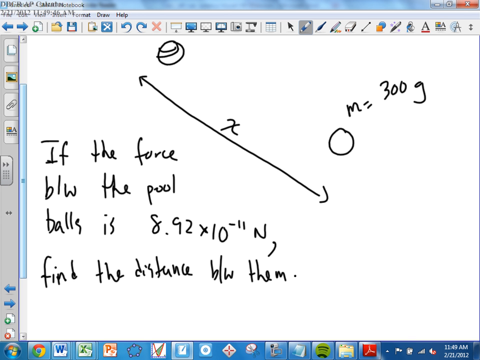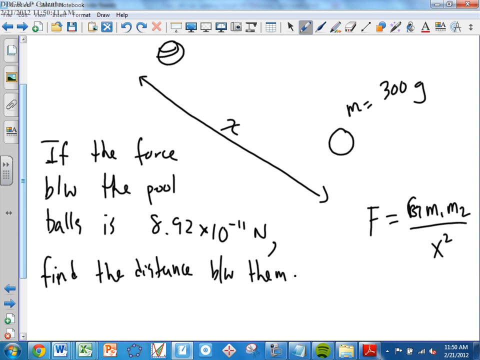In the formula, when you write it down, write it as F equals G, M1, M2, over R squared. So call it x squared now. It's just the distance, that's all that matters. It's a variable for that reason. It doesn't matter what you call it. We're trying to figure out the distance between them, the R value. In the diagram, it's called x, so we call it x. No difference.